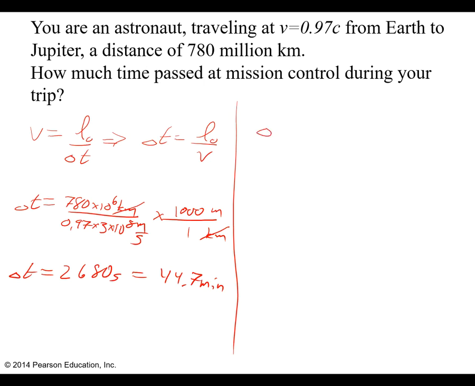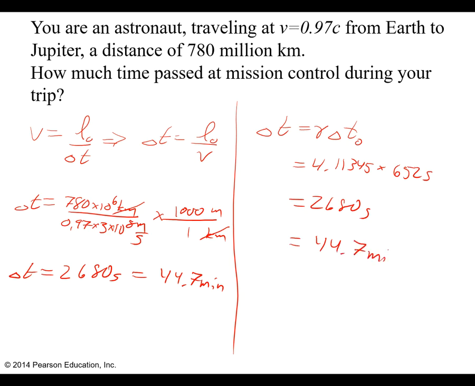So if I use the relativistic equation, that the relativistic time is equal to gamma times the proper time, remember that gamma is 4.11345 times 652 seconds would give me a time of 2,680 seconds, which is 44.7 minutes. Exactly the same answer, so it works both ways.